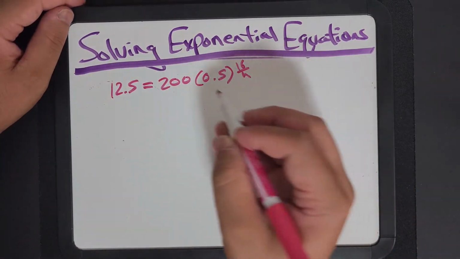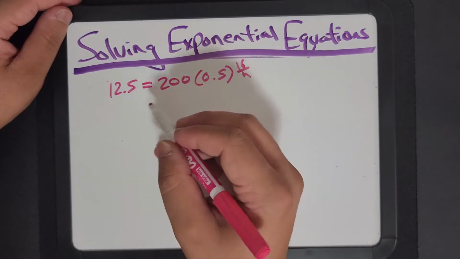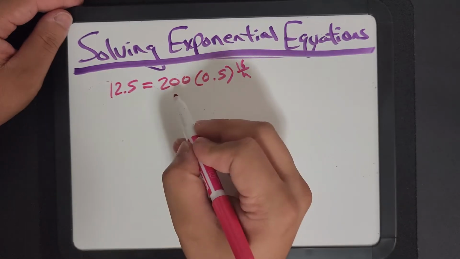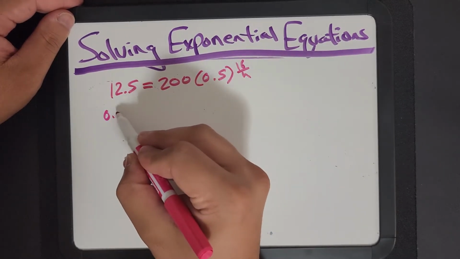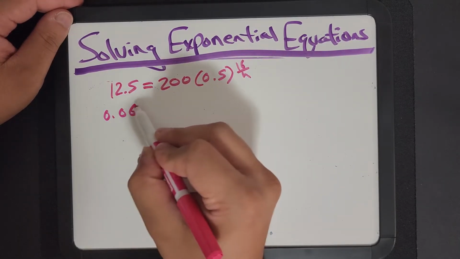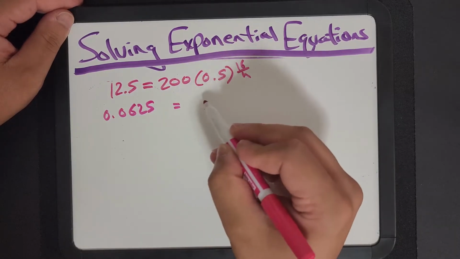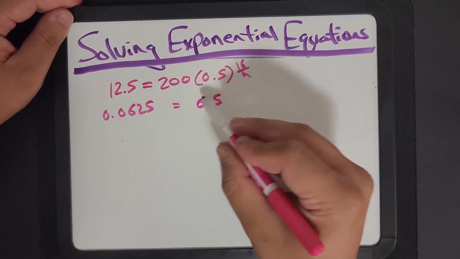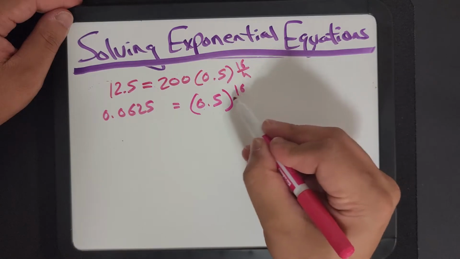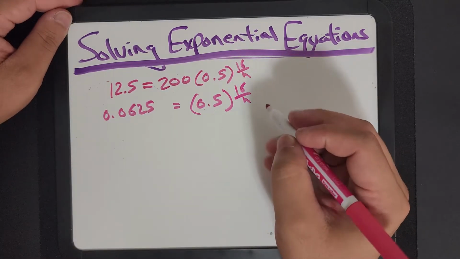So if I divide both sides by 200, 12.5 over 200 should give me 0.0625. And I'm left with that.